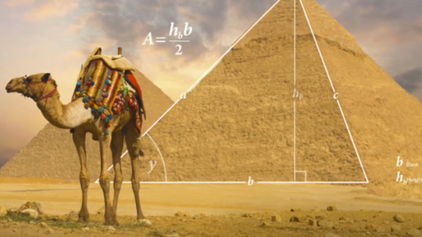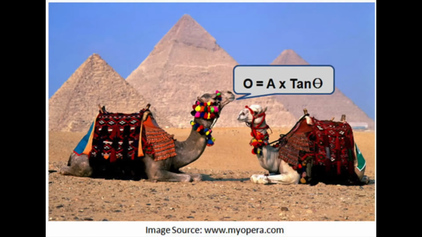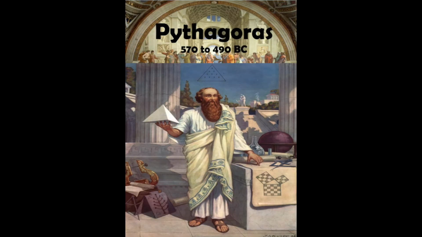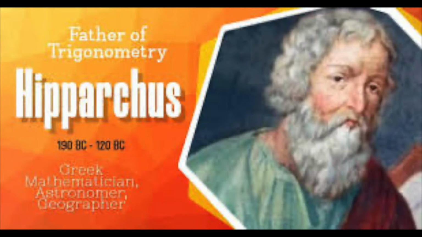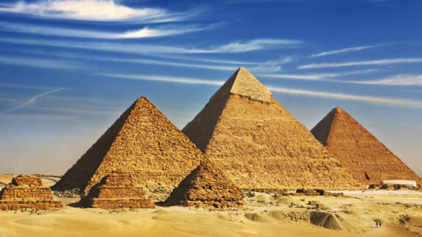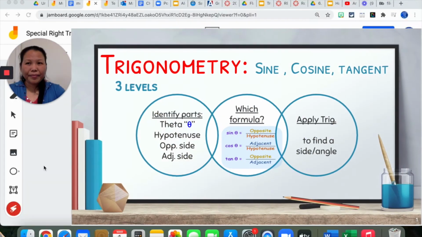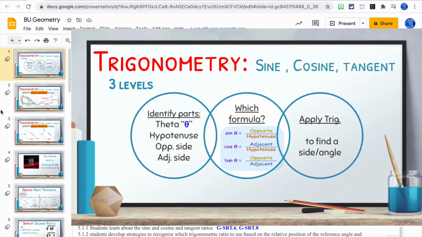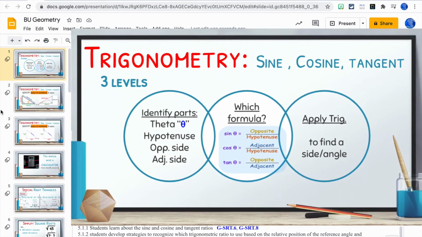Pythagoras' theorem and trigonometry were key mathematical methods that were used to help build the pyramids. Pythagoras looked at the sides and relationships, and people like Hipparchus looked at the relationship between angles and sides. In this lesson, students learn about the sine, cosine, and tangent ratios.